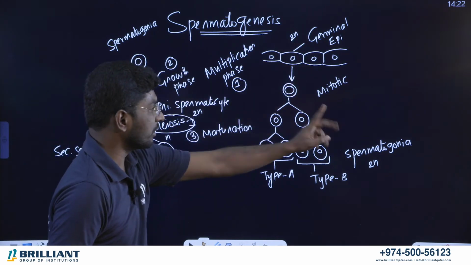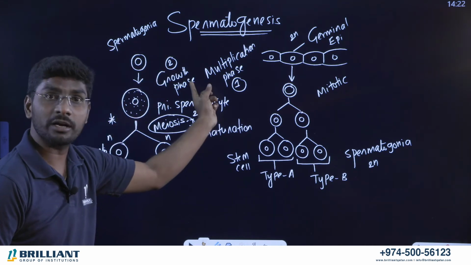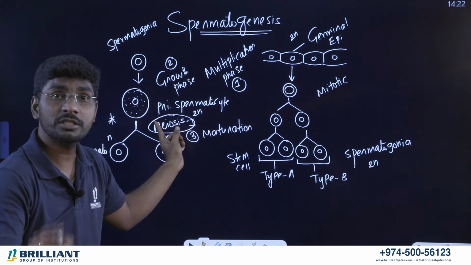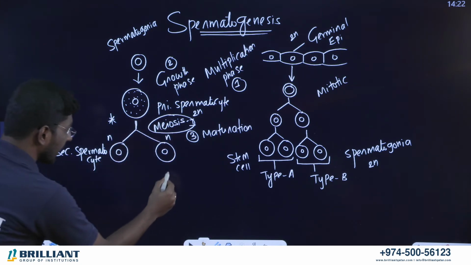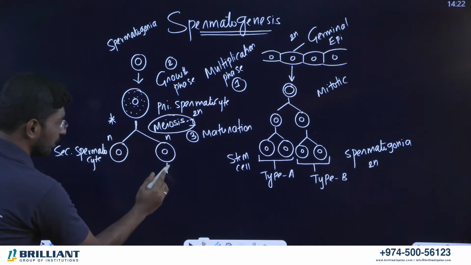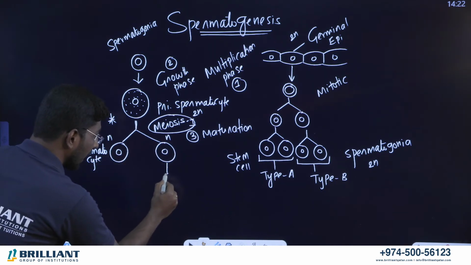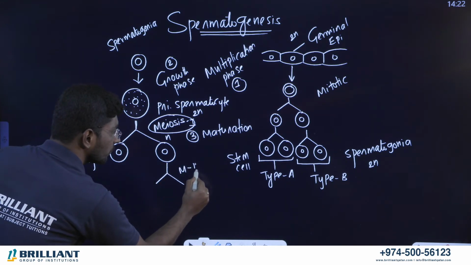One important question. Germinal epithelium is diploid, spermatogonia diploid, primary spermatocyte also diploid. Secondary spermatocytes are haploid. Remember. Next, each secondary spermatocyte completes meiosis 2.